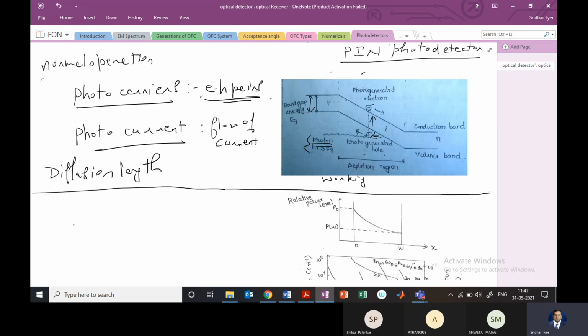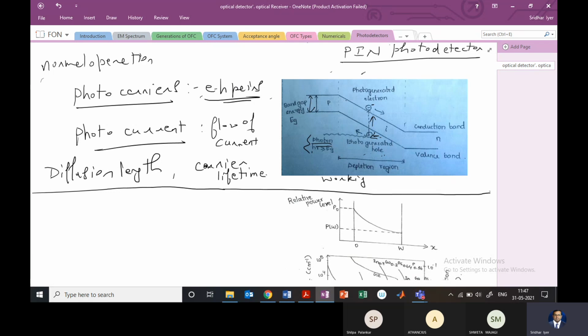The time that it takes for these electrons and holes to recombine is known as carrier lifetime. So it's a simple operation. A photon needs to hit the electron in the valence band.